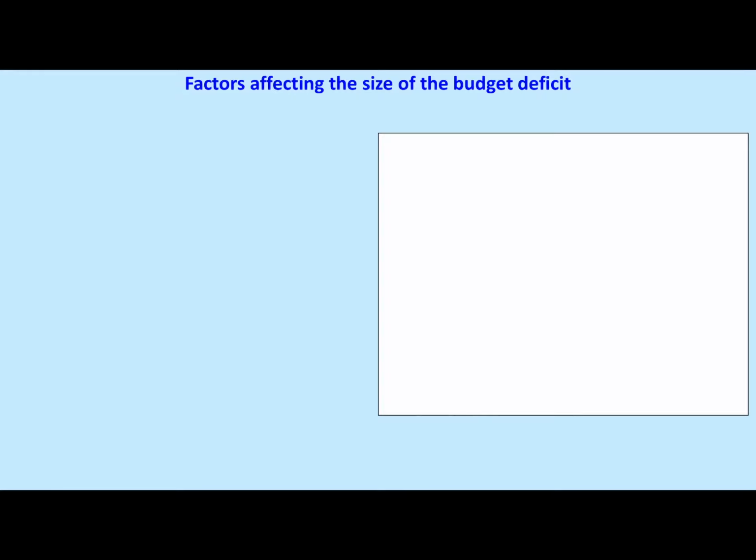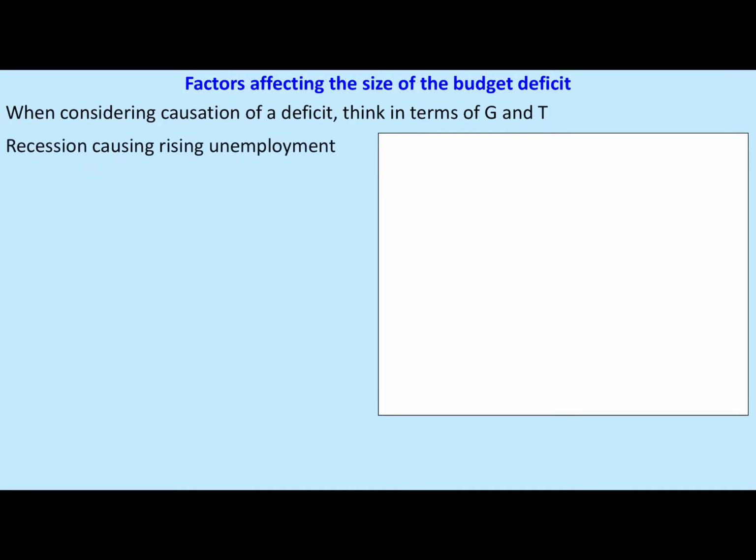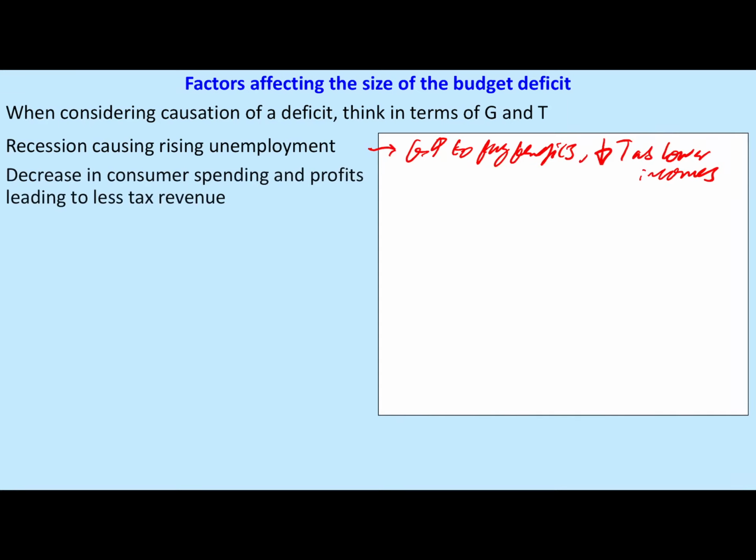So let's have a look at some factors now that affect the size of the budget deficit. It's important when considering a deficit to think in terms of government spending G and tax revenue T. So a recession that causes unemployment is going to cause a deficit because we're going to have an increase in G to pay benefits, and we're also going to have a reduction in tax revenue as people on average will have lower incomes and therefore pay less income tax.